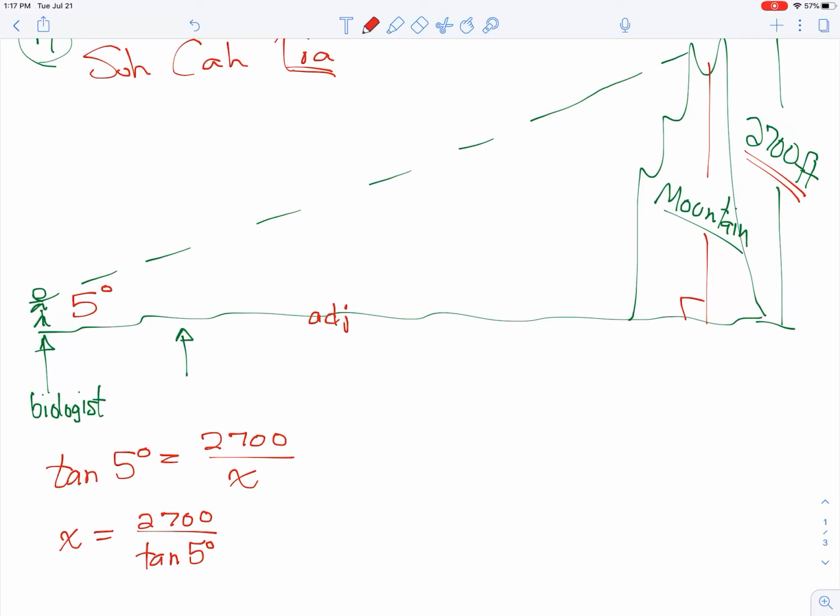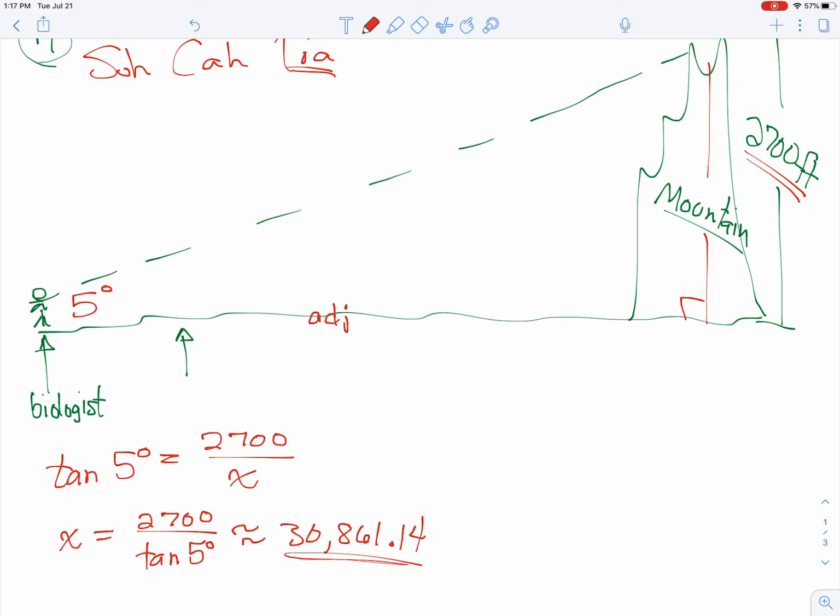Adjacent, is it 2,700 feet? Yes. Okay, 2,700 divided by tangent of 5 degrees is 30,861.14. That's a long ways away, but I think that's it.